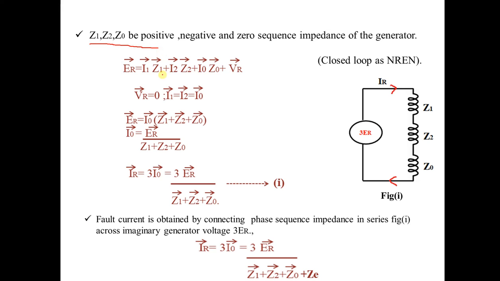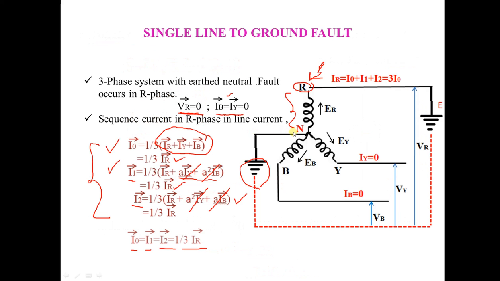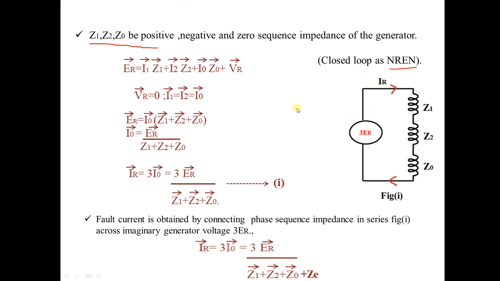Here we just have a closed loop, considering the neutral to earth from the previous equation. So the current IR will be flowing through Z1, Z2, Z0. We are going to write this in terms of Kirchhoff's law.